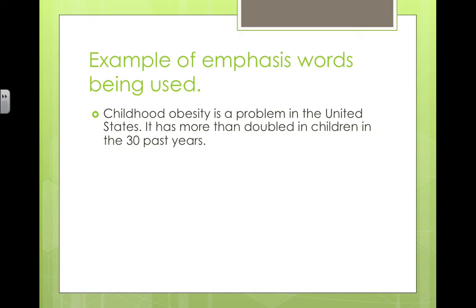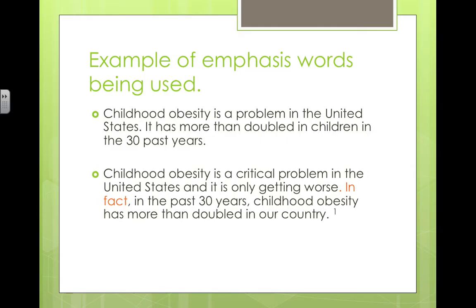Childhood obesity is a problem in the United States. It has more than doubled in the country in the past 30 years. And if you add transition words that add an emphasis, it could sound like this. Childhood obesity is a critical problem in the United States and is only getting worse. In fact, in the past 30 years, childhood obesity has more than doubled in our country. What a difference those two words, in fact, make.